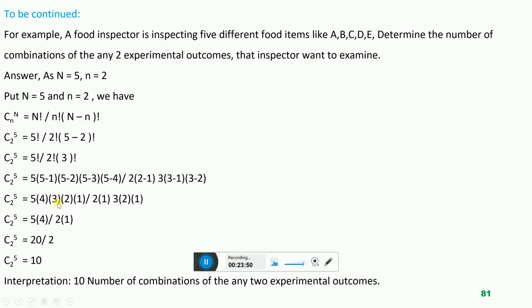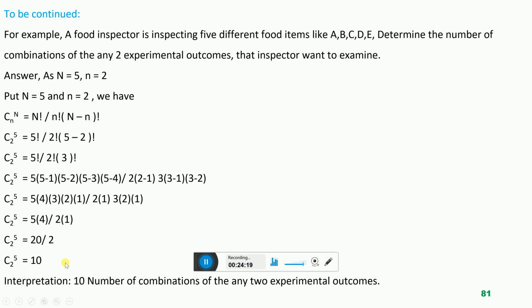Now the 3 2 1 in the numerator is cancelled out with the 3 2 1 in the denominator. What is remaining in the numerator? 5 4. What is remaining in the denominator? 2 multiplied by 1. So 5 multiplied by 4 is 20, divided by 2, and C 5 2 is equal to 10.